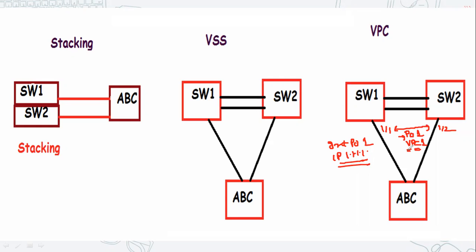You can say it's a layer 2 virtualization technology, so it's not included in layer 3. If you are forming VPC between two peer devices, then you can only form a layer 2 port channel. So you can use either switchport mode access or switchport mode trunk. That's it.